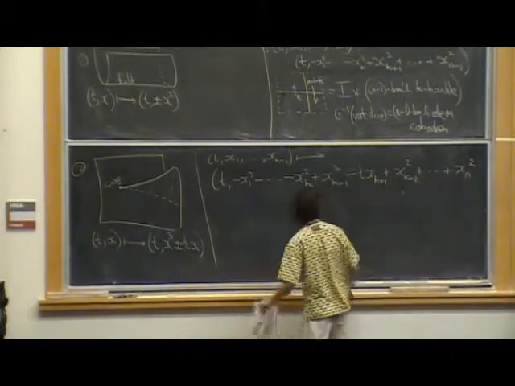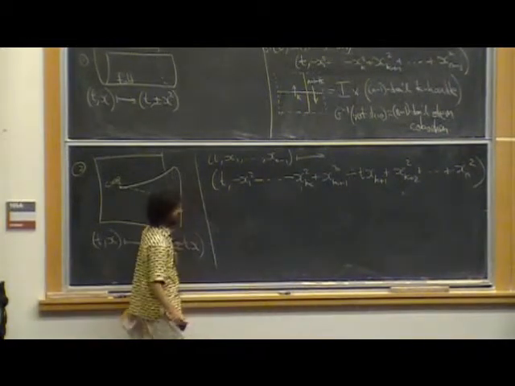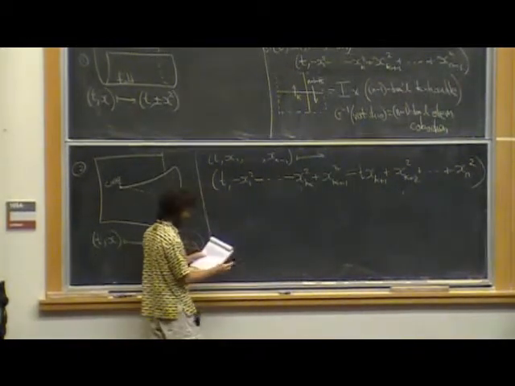Okay, and so that's again the standard picture for a birth of a pair of critical points in a one-parameter family of Morse functions.